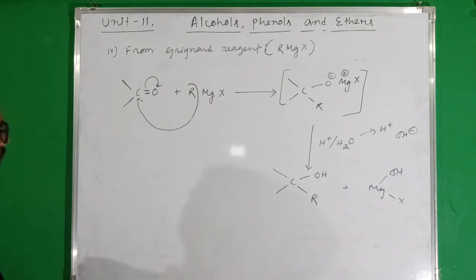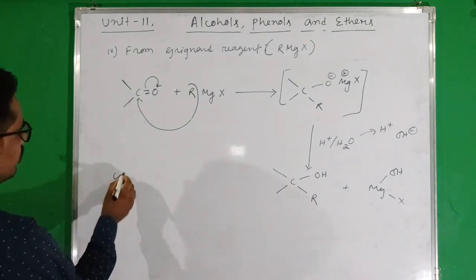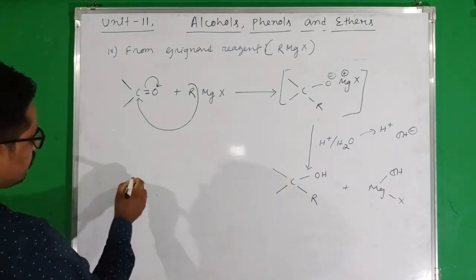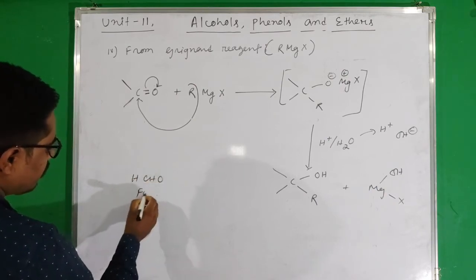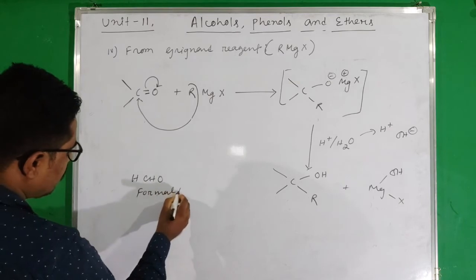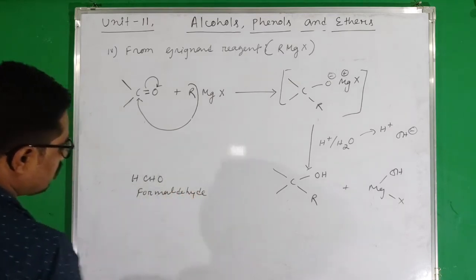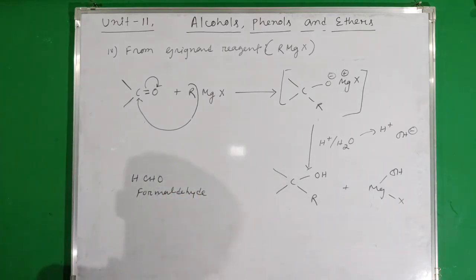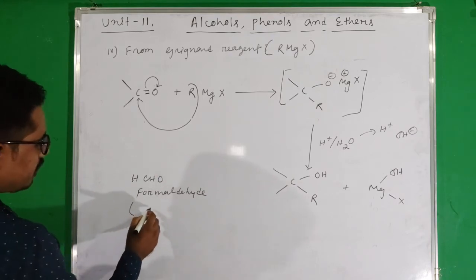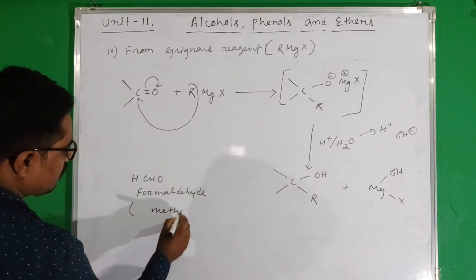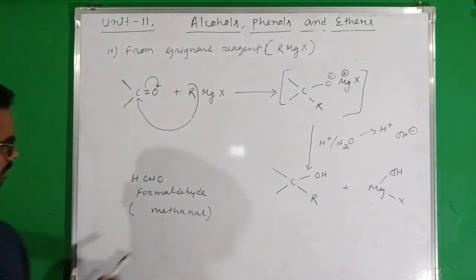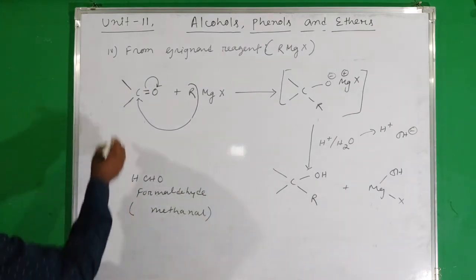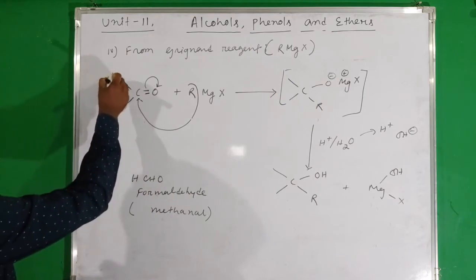Now suppose we consider this aldehyde, HCHO, that means formaldehyde. The common name of this aldehyde is formaldehyde, and the IUPAC name is methanal. We will convert methanal to alcohol. So in this case, 2 hydrogen atoms are present.